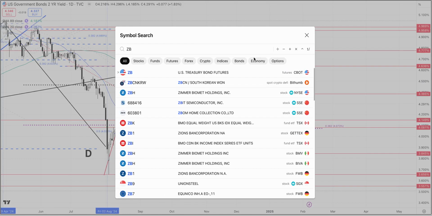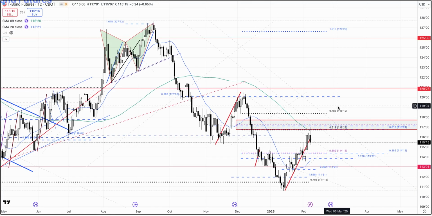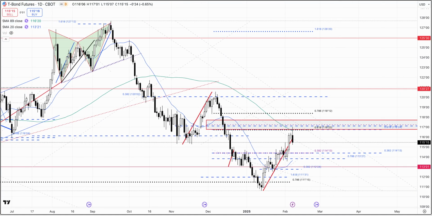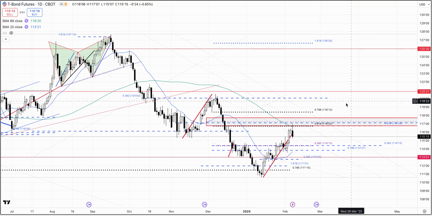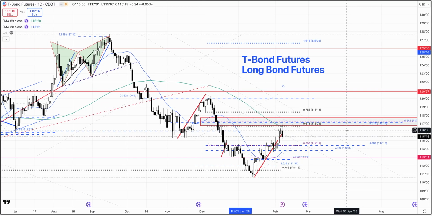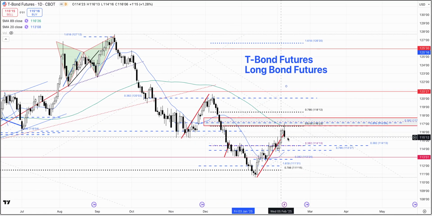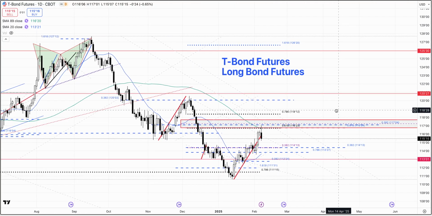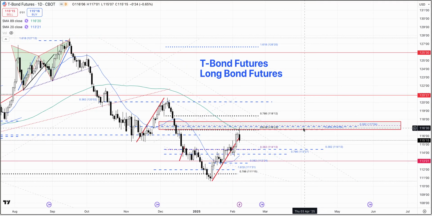And if we take a look at the long bond futures through the eyes of the 30-year Treasury note on the futures, let me actually bring it here so everyone knows what we are looking at. So the market went a little bit above the symmetry, but right into this strong resistance zone that we had drawn from before.